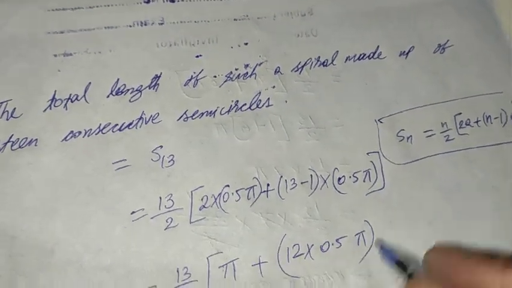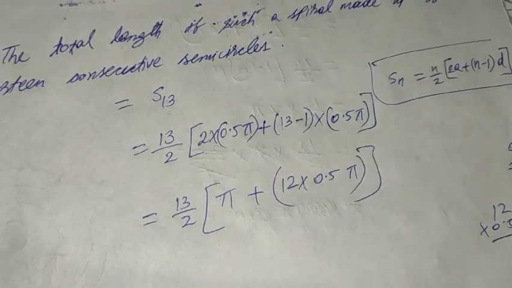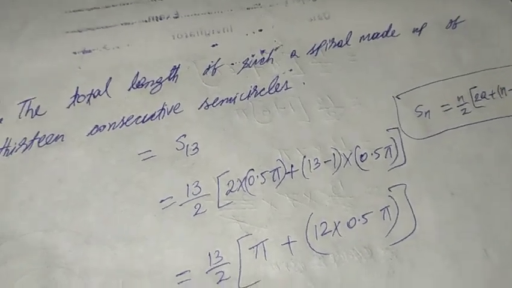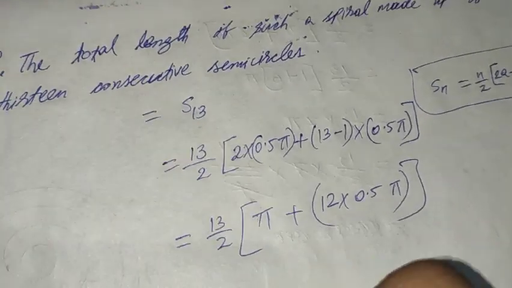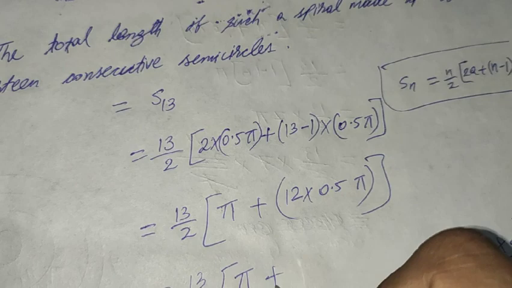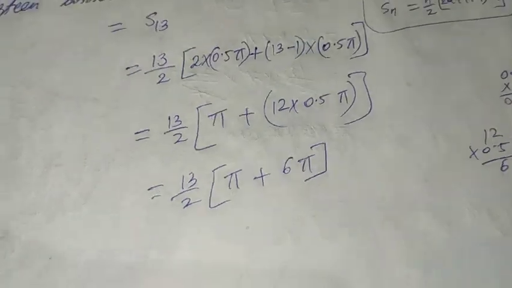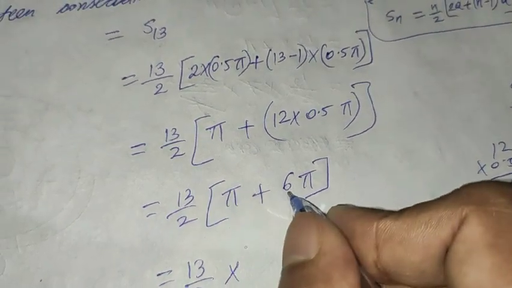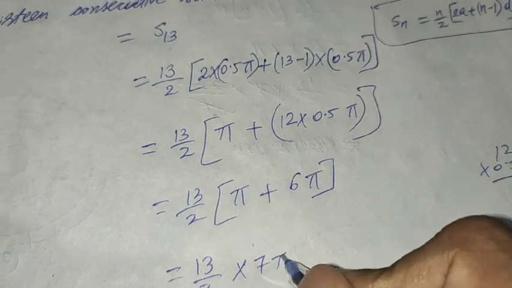When you multiply 12 into 0.5, you get 6, so 6 pi. So 13 by 2 into pi plus 6 pi, that implies 13 by 2 into 6 plus 1 is 7, so 7 pi.